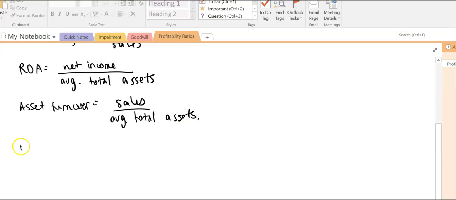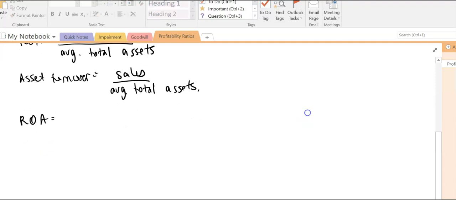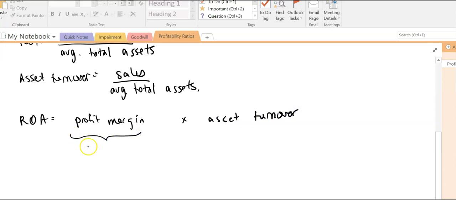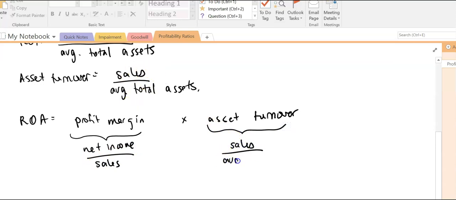And let's also put in this expanded ROA, because we want to look at ROA not only as net income divided by average total assets, but also as profit margin. We're drilling down to get more information from that ROA: profit margin times asset turnover, where profit margin is, as we mentioned before, net income divided by sales, and asset turnover, as we just wrote up here, sales divided by average total assets.